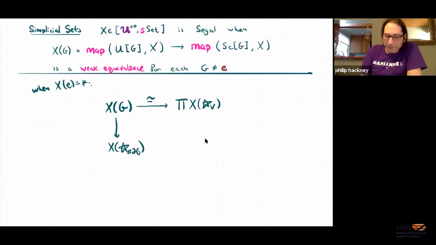So if we picked inverses to this, this would give us some kind of multiplication, but in general, that's only weakly defined in some way. So there's not really a map this way, or maybe there's many, depending on what kind of map that equivalence is.